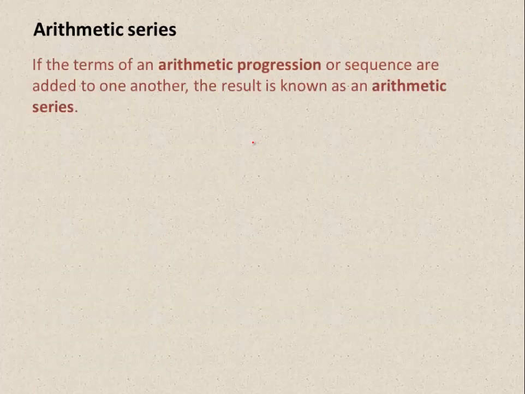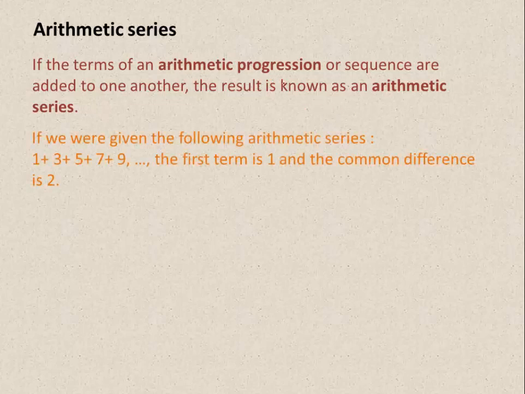Arithmetic series. If the terms of an arithmetic progression or sequence are added to one another, the result is known as an arithmetic series. So if I take a progression and I add up all the values, that now becomes an arithmetic series.